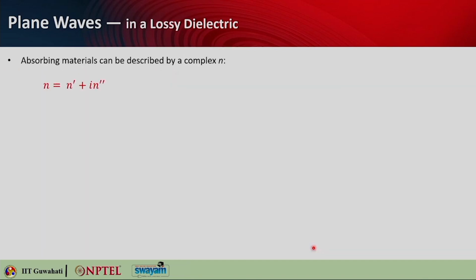If the material is absorbing, we can say the material also has a complex permittivity. Similarly, in terms of refractive index, any absorbing material has a complex refractive index n.